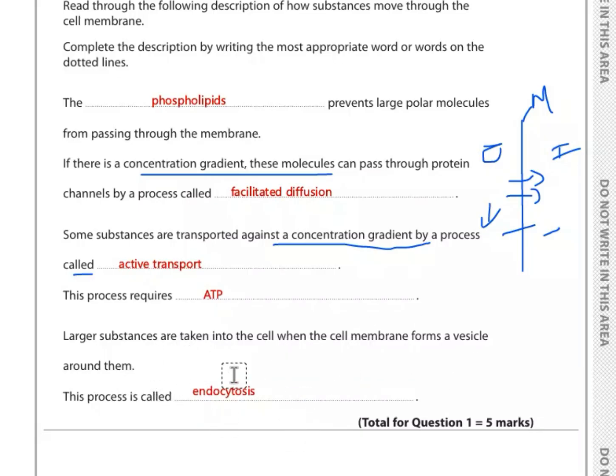Through this process, vesicles are formed around the particles that need to be taken into the cell through the cell membrane. So this forms vesicles, and this process is known as endocytosis.